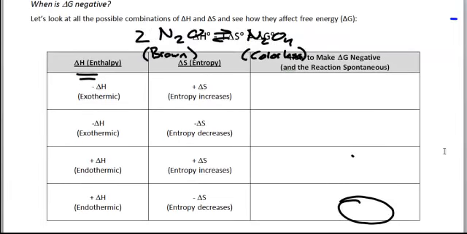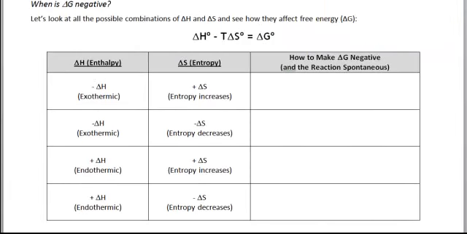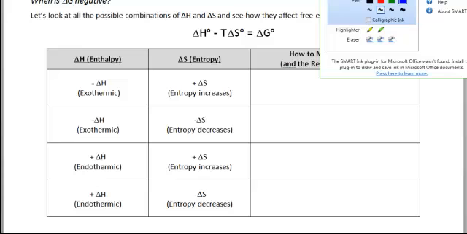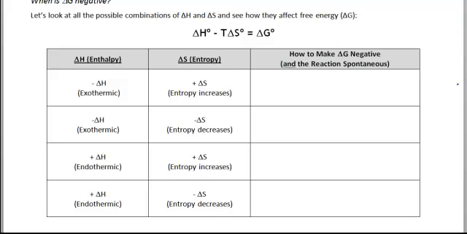So let's go ahead and summarize some of these big picture ideas here. Again, we want delta G to be negative, and so let's look at all the possible combinations of how we can get a negative delta G. Basically, there's two variables, each of which could be positive or negative, and so we have 4 different combinations in total here. The first one is if delta H is negative, exothermic.